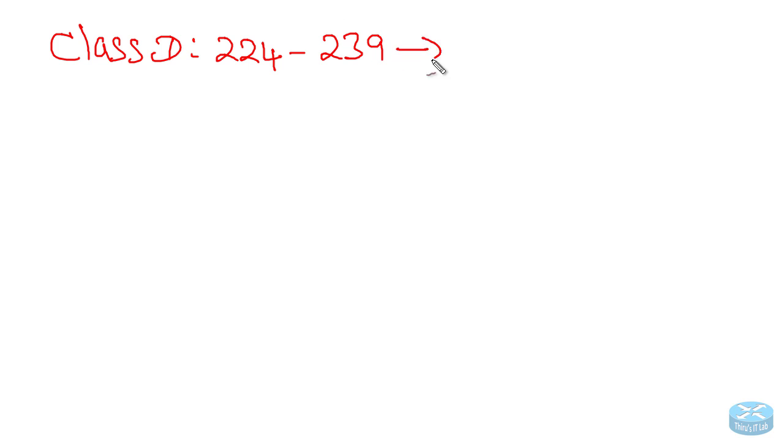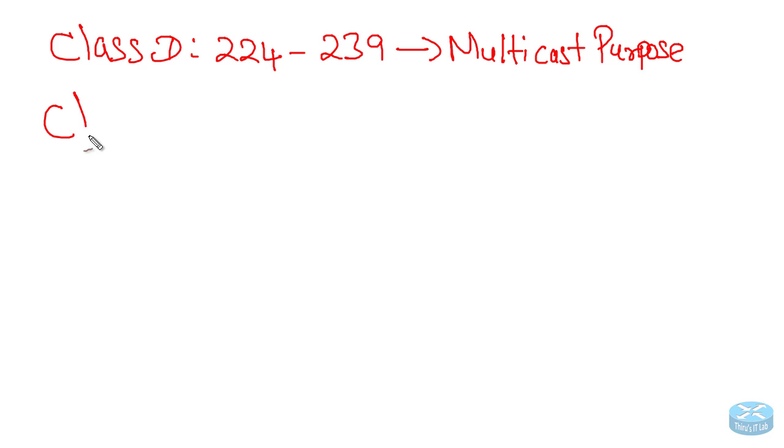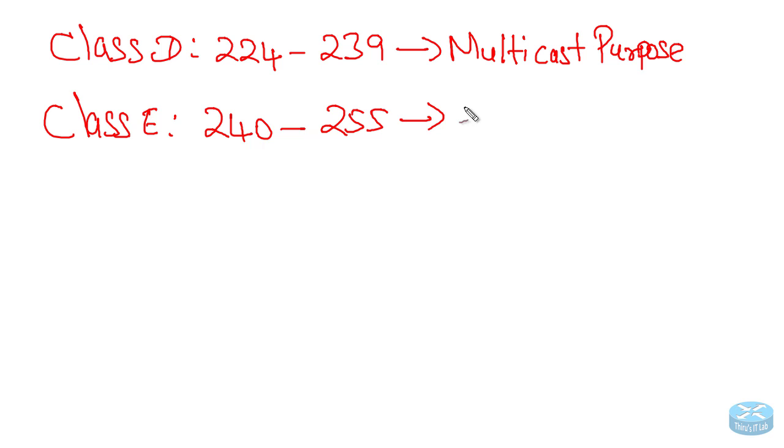These are for multicast purposes. And the other one is Class E. Class E IP addresses are from 240 to 255. These are for testing purposes.